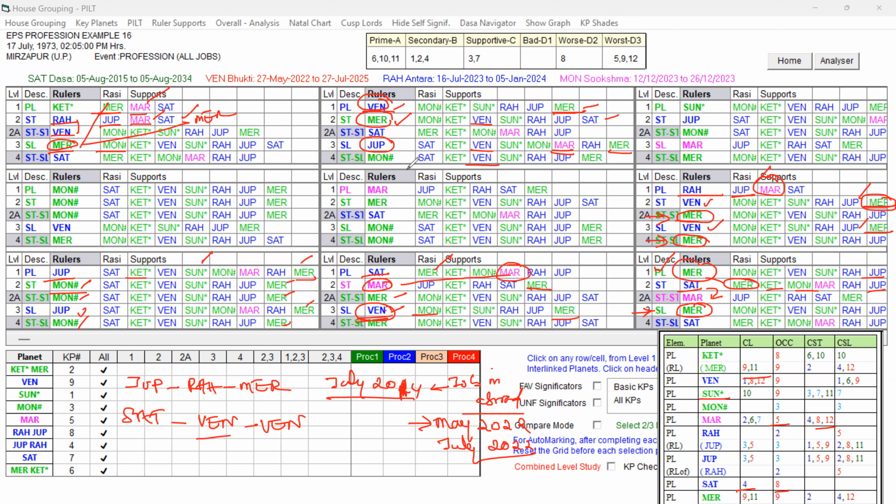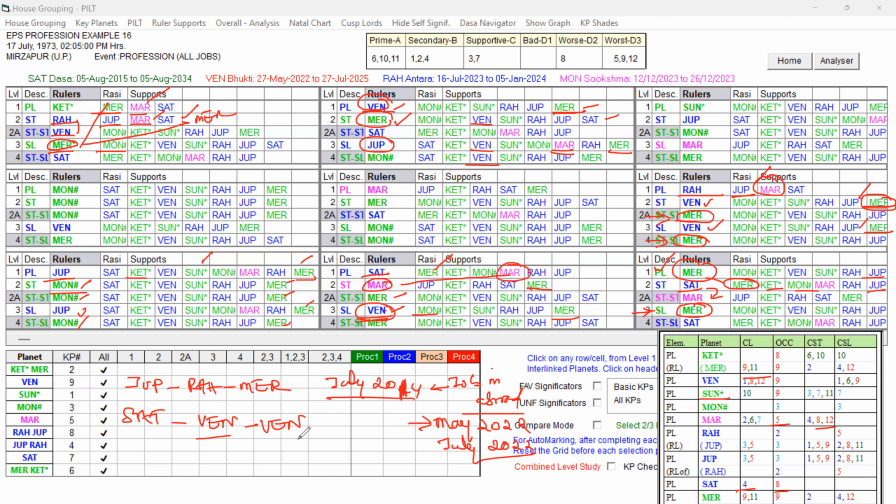It is forming ruler as a source planet itself, and also forming ruler link to other levels. It is indicating some sort of instability, and Lagna is getting stressed because Lagna itself is involved. But that is not indicating any challenges or loss of job, because the star level is good and the sub level is also supported, and also forming ruler link.